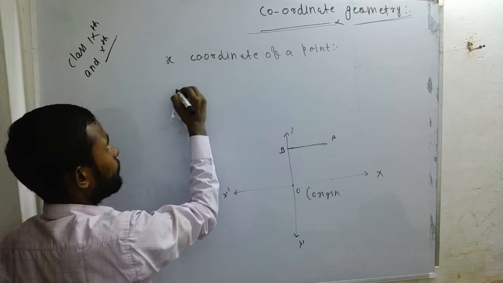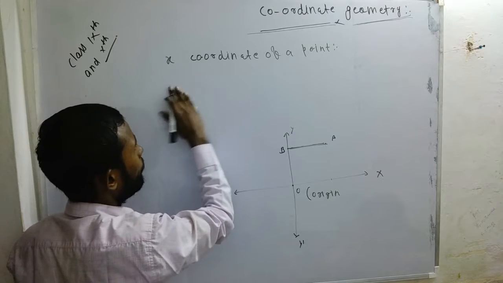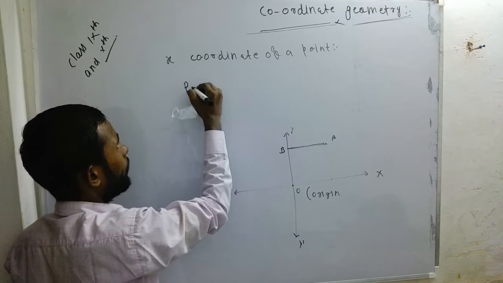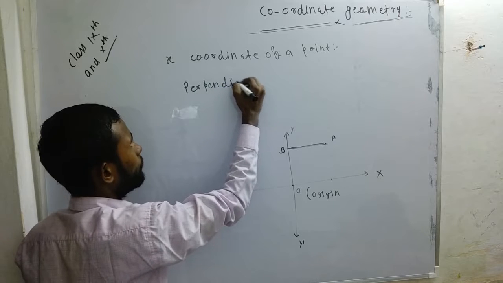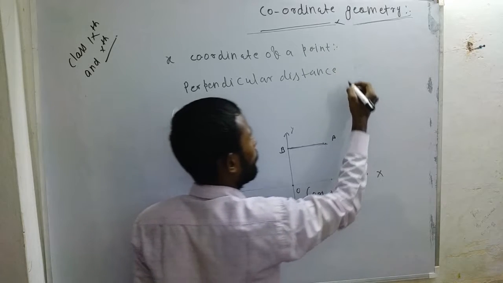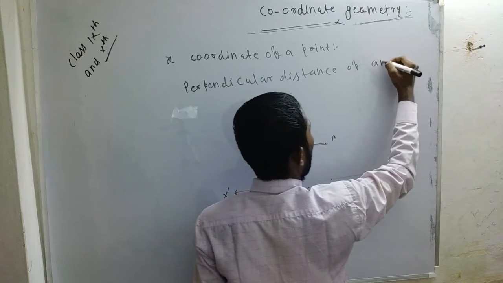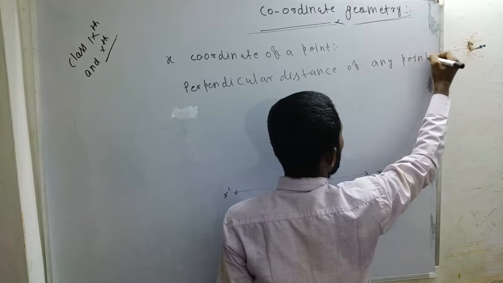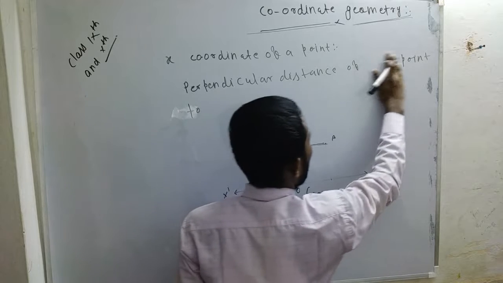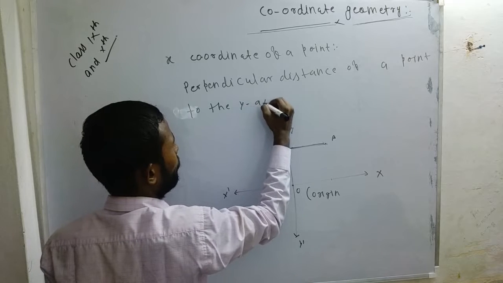That means x coordinate is simply the perpendicular distance of a point to the y-axis.